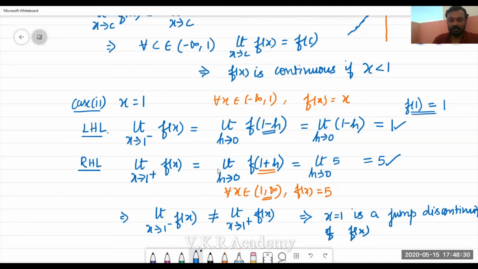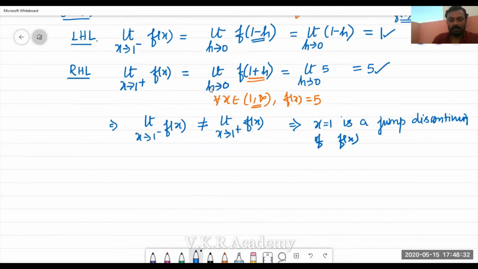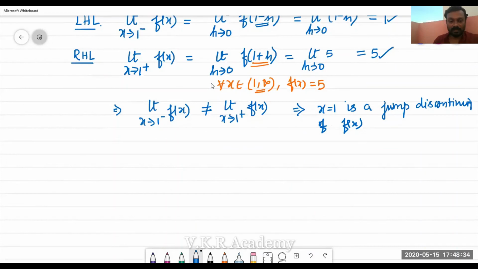Now let's discuss the third case. Let c be a point in the interval x greater than 1, that is 1 to infinity.